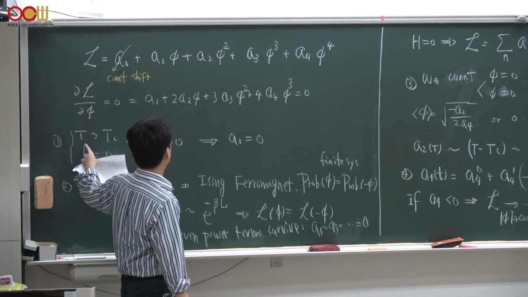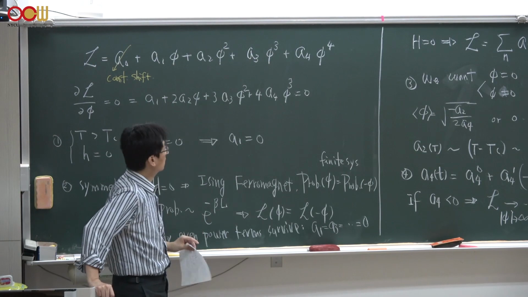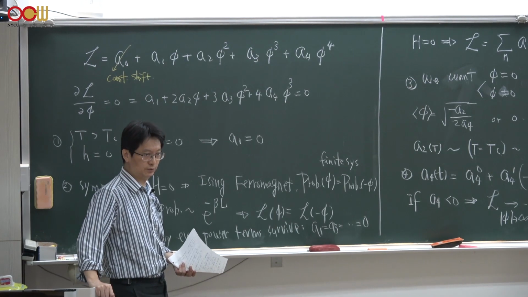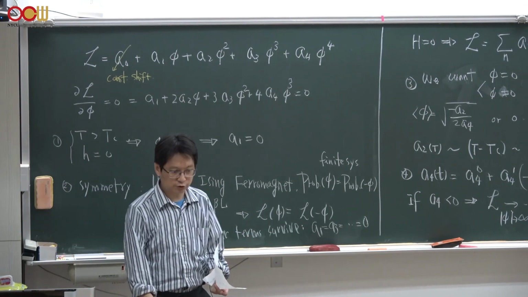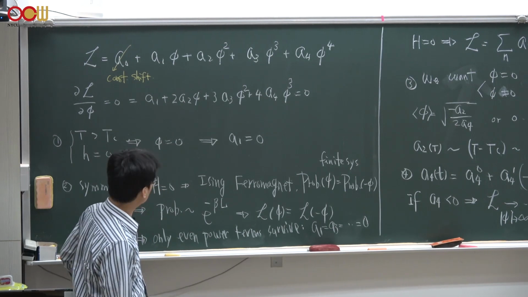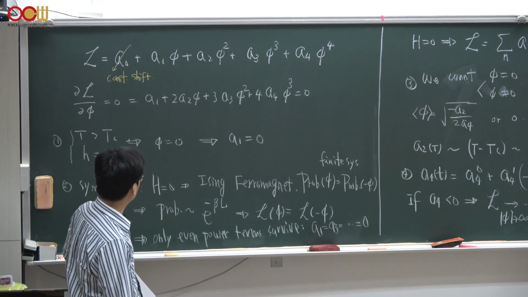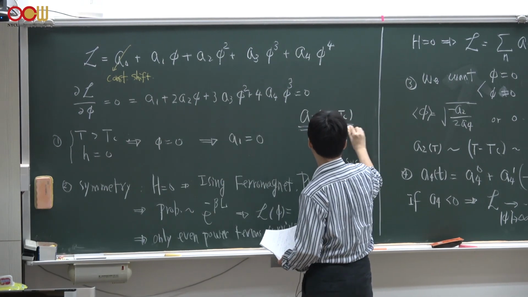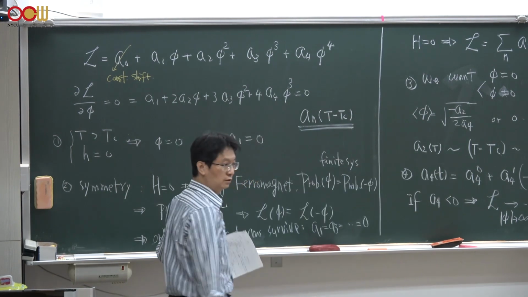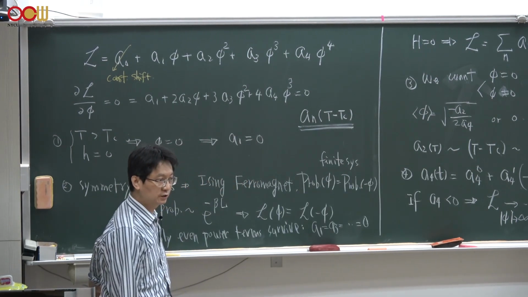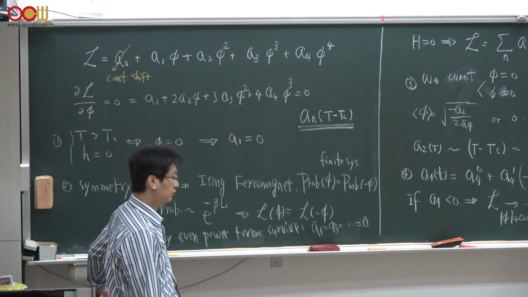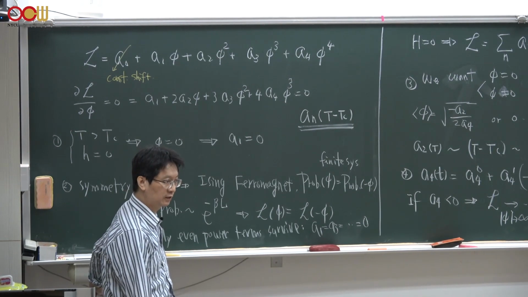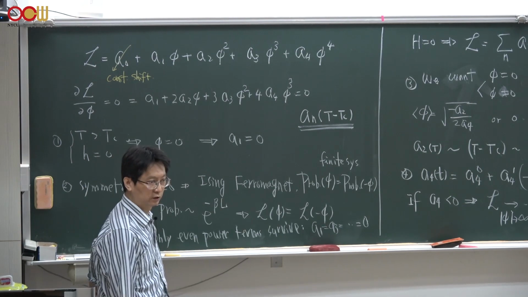Okay, because when temperature is above Tc, by the way, these coefficients and expansions are valid both above or below the transition temperature. So this is always true above or below the transition temperature. So in other words, all these coefficients are functions of T or T minus Tc, because the only thing we can tune is those coefficients as a function of temperature below or above Tc, so that in one case we have an ordered phase, and in the other case we don't have a finite order parameter.